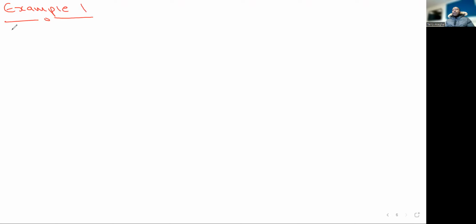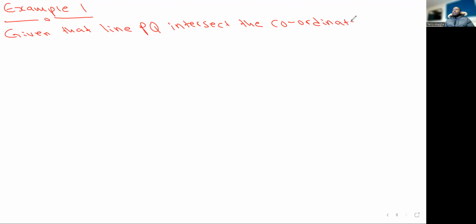So let's say we have this question here. They said, given that line PQ intersects the coordinate axis. So when we say coordinates, it means the X and Y. Is that okay?